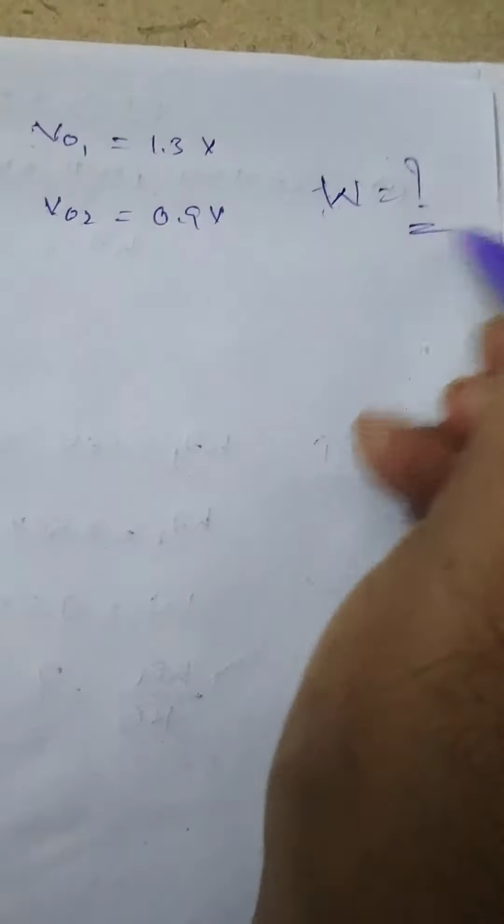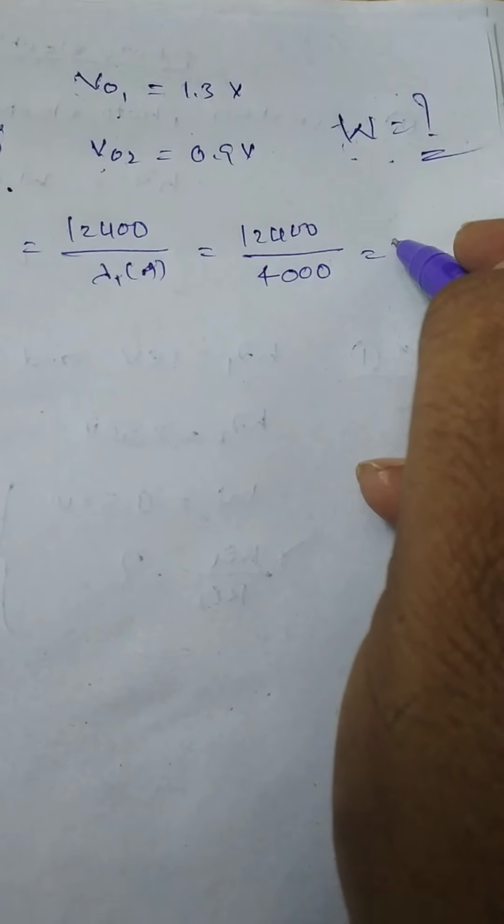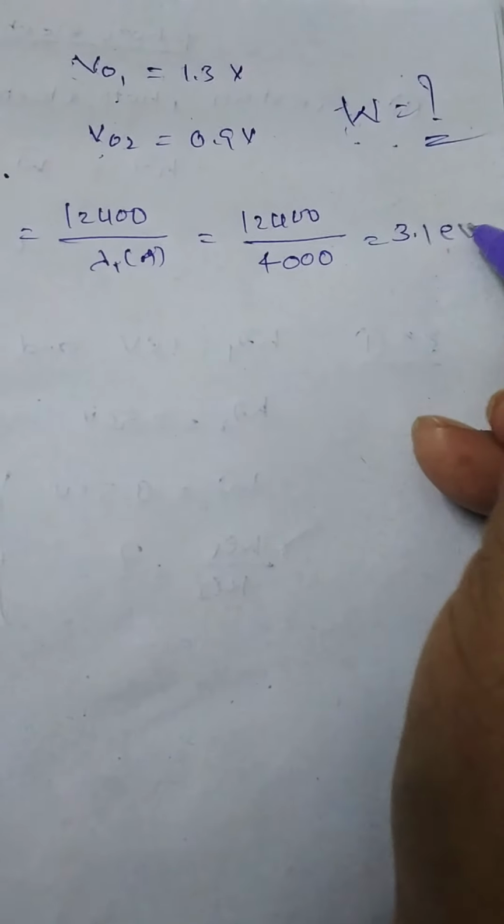Energy of the incident photon h nu 1 is equal to hc by lambda 1. It is 12,400 by lambda 1 in angstrom units. That is equal to 12,400 by lambda 1 is equal to 4,000. That is, it is 3.1 electron volt.